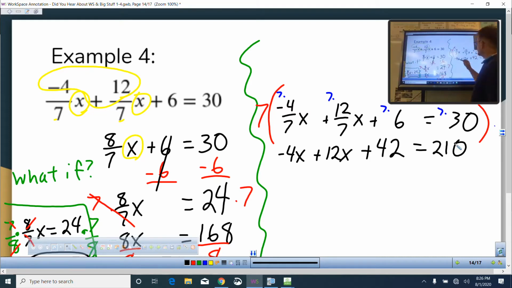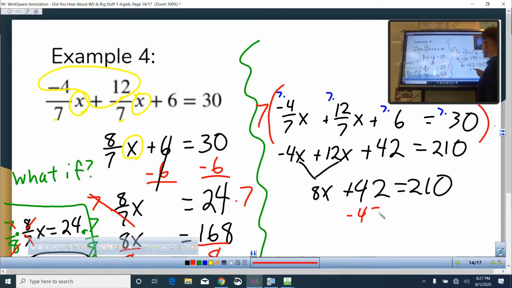So I can do that first step, or I can combine the fractions first. That's easy if they're already like denominators. But then it's easy to go from there. We're just going to combine these guys, and that brings us to 8x plus 42 equals 210.